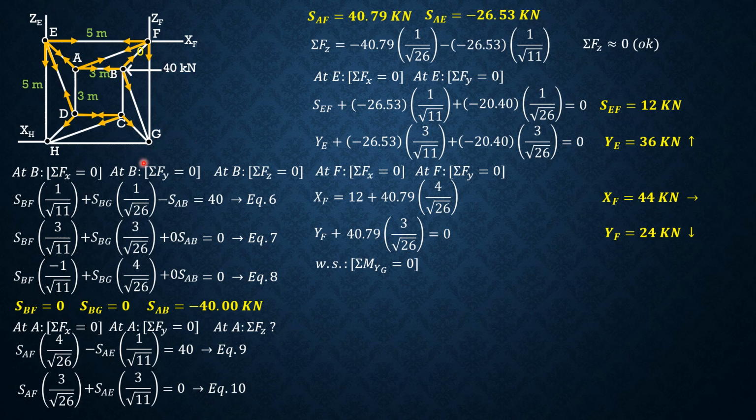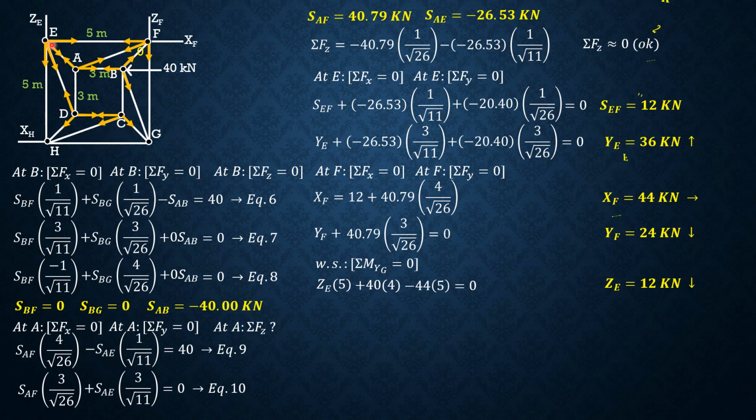So by right thumb rule, G sub E times 5 plus 40 times 4, then because XF is rightward, minus 44 times 5 equals 0. So from there, we can solve G sub E. G sub E is equal to 12 kilonewtons, so it is in the forward direction, positive.